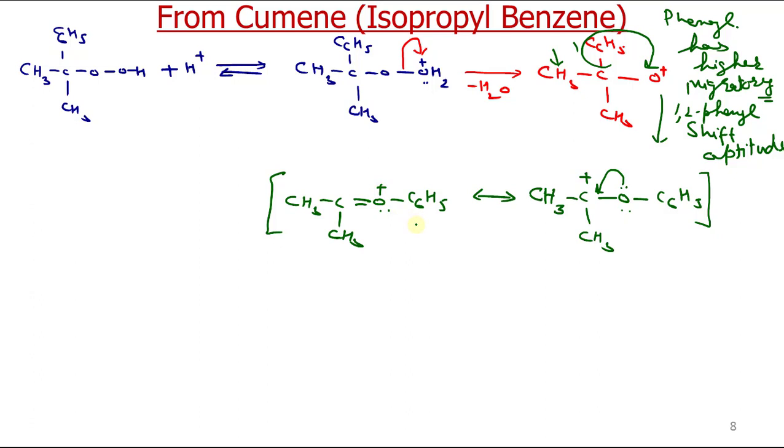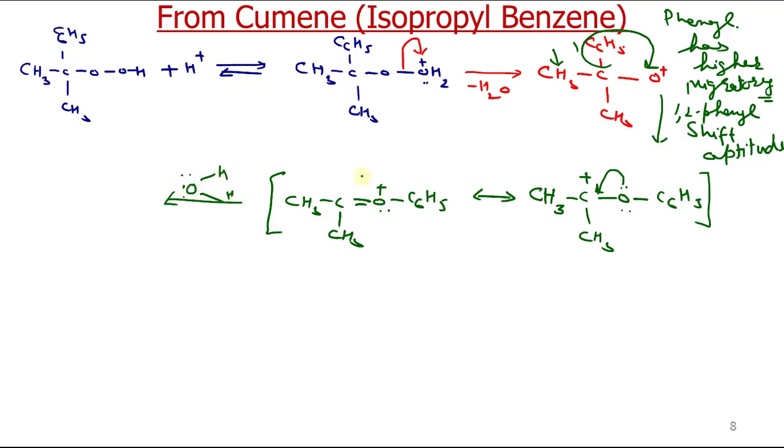Now this molecule is attacked by water, OHH. You can show it either here or anywhere, so I will show it here so that it is easier for you. The next step is addition of water.